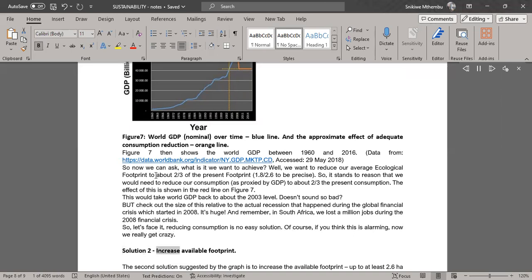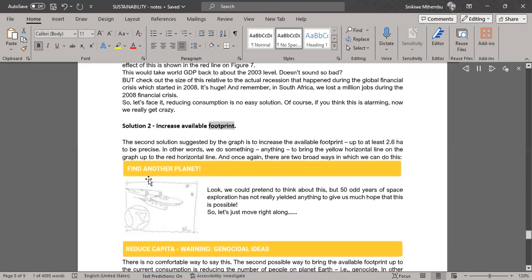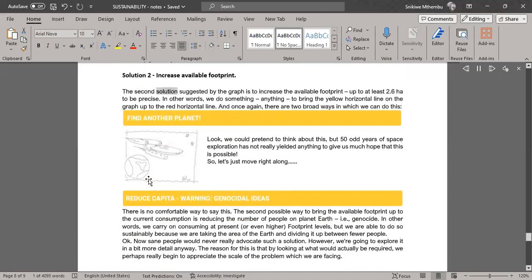Solution 2. Increase available footprint. The second solution suggested by the graph is to increase the available footprint, up to at least 2.6 ha to be precise. In other words, we do something, anything, to bring the yellow horizontal line on the graph up to the red horizontal line.